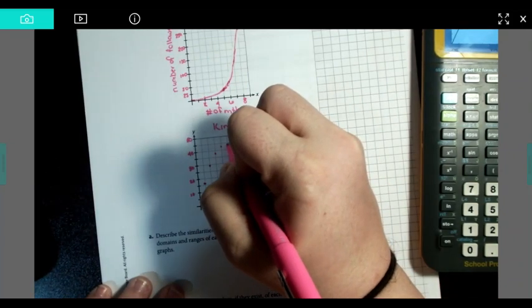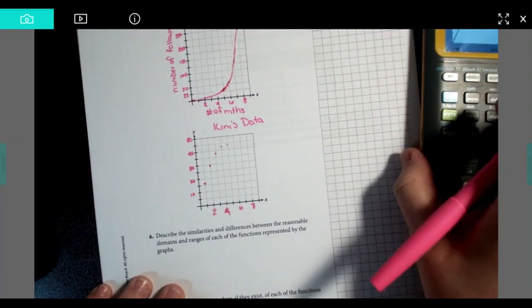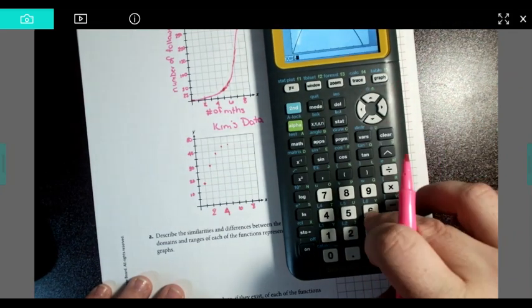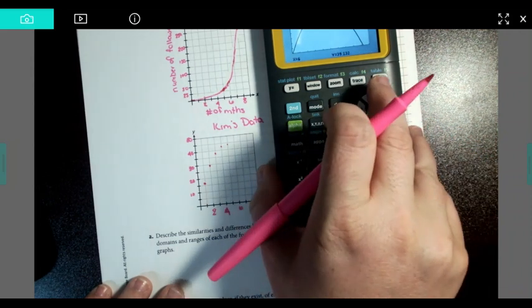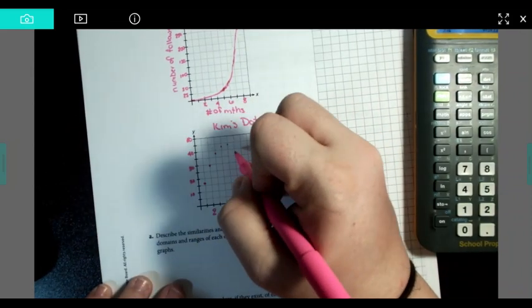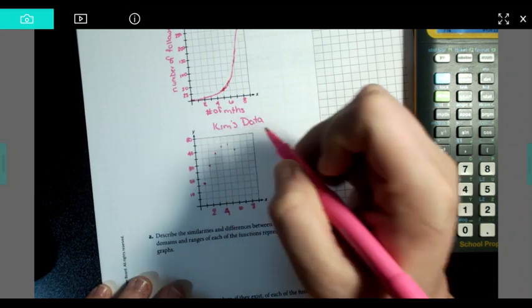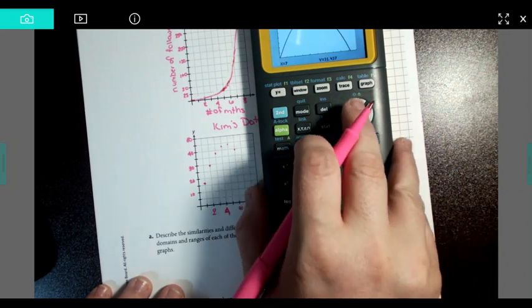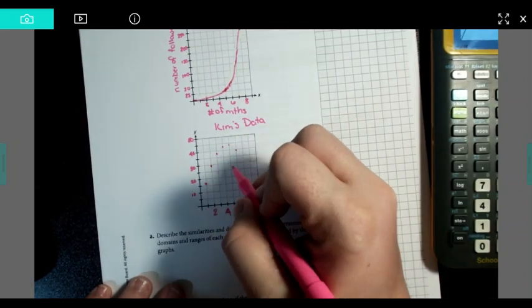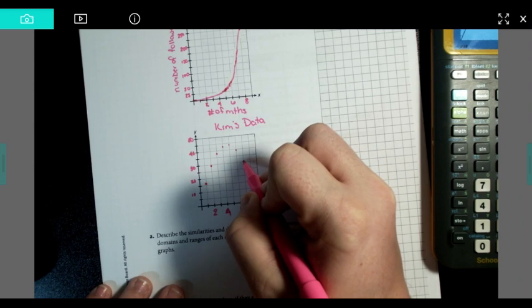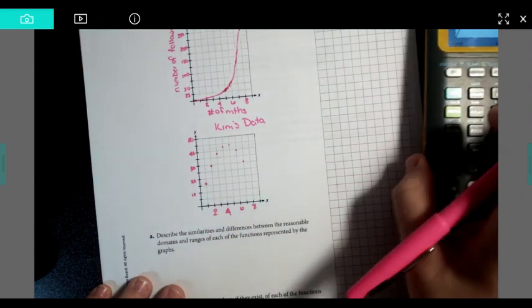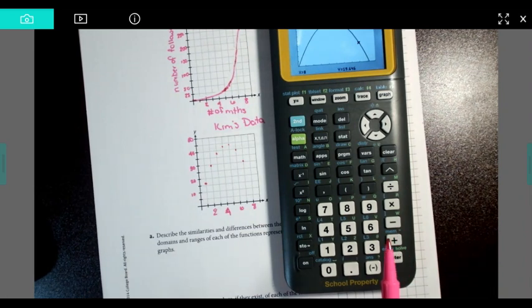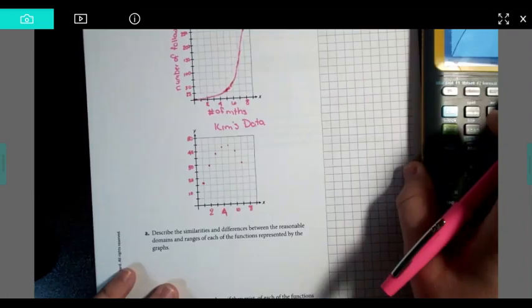So a little bit higher up. At 6, we're starting to come down. It's at 39. At 7, we're at 31.4. At 8, we're at 19.6.